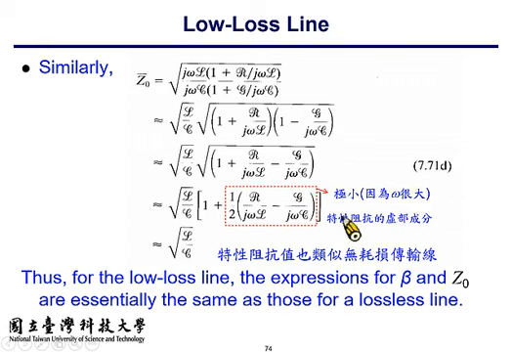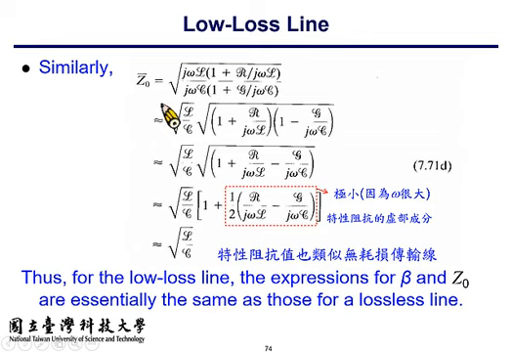So this expression can be further simplified as the square root of L over C, which means that the characteristic impedance of a low-loss transmission line is about the same as that of a lossless transmission line, which makes our life much easier.